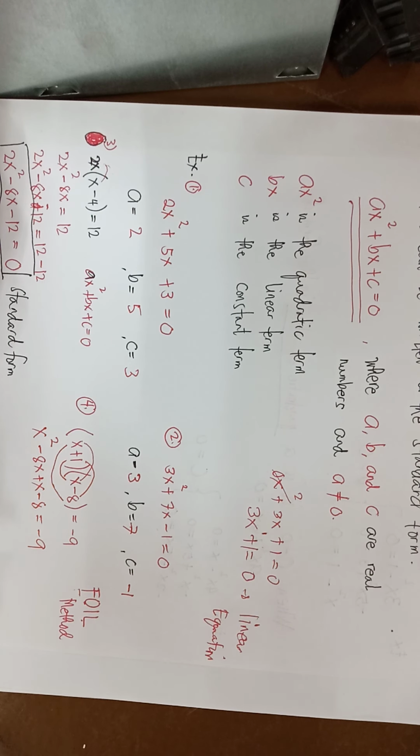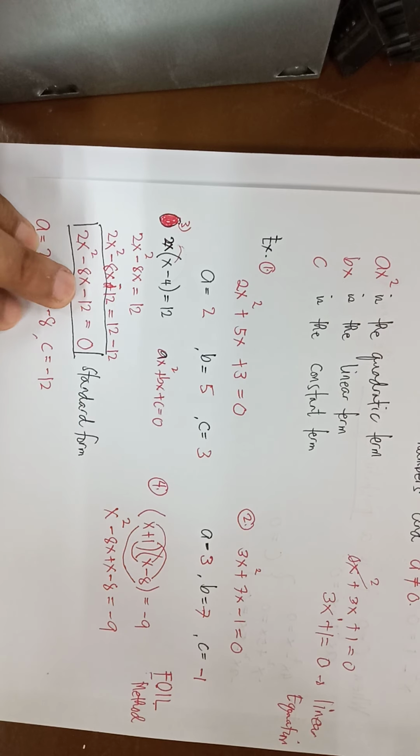Not yet. So what are we still missing here? The right side of the equation must be equal to 0. Since we have negative 9, we're going to transpose this negative 9 to the other side, so that what will remain in the right side is equal to 0.